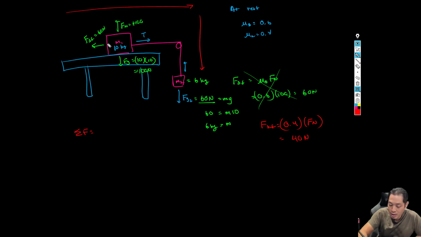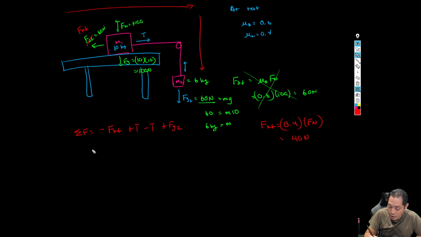So this now is kinetic friction, which is the opposite direction, so it's negative force of kinetic friction. This is the same direction, plus tension. This is the opposite direction, minus tension. And then this one is with motion, so plus force of gravity 2. Plug in everything you know.